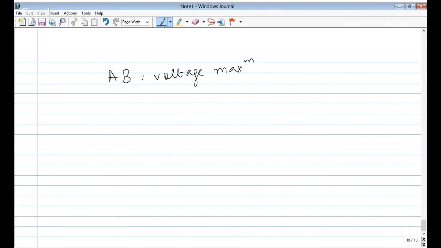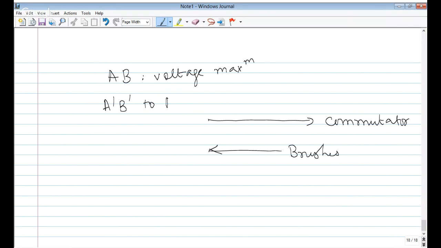So the first thing you have to do is, since the commutator is moving towards the right, if I assume that the commutator is stationary, I can say with respect to the commutator, the brushes are moving to the left. If brushes are moving to the left, then they will come from A dash B dash to AB. As soon as they come from A dash B dash to AB, the voltage will be maximum. That is, the voltage will increase from A dash B dash to AB.